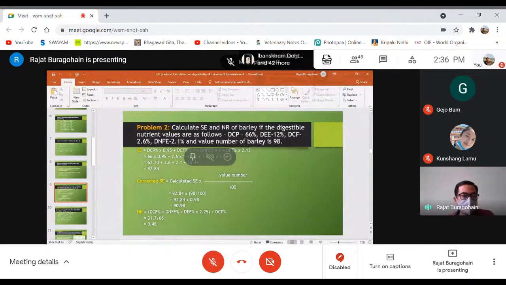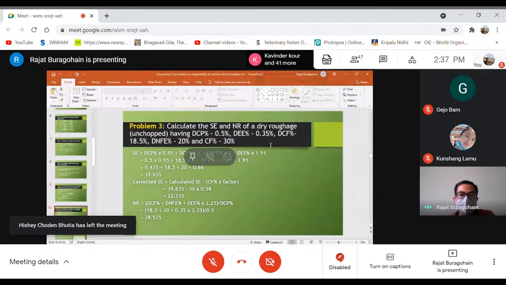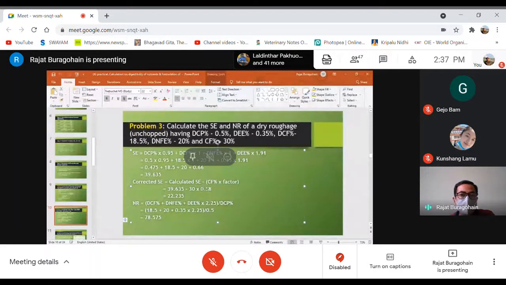Okay, the next example, suppose here it is roughage. You see, it is a dry roughage, unsoft dry roughage. But the correction factor for soft and unsoft will be different.